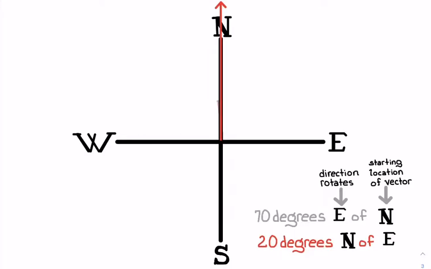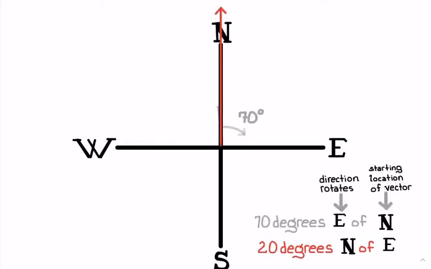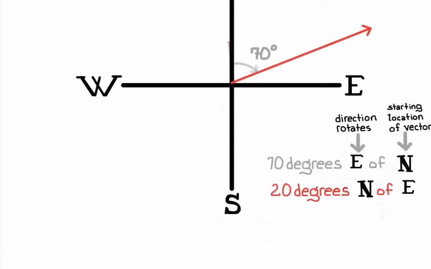So if we rotate it 70 degrees in the direction of east, this vector that's going due north would now be located here. This vector is east of north. So we would say 70 degrees east of north.